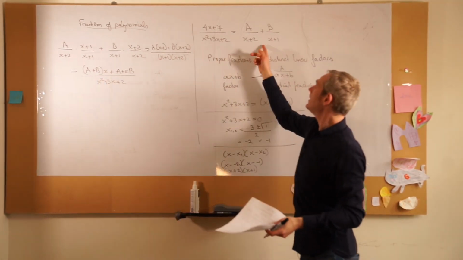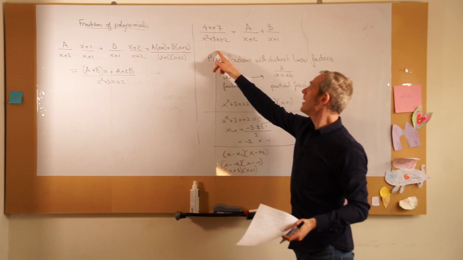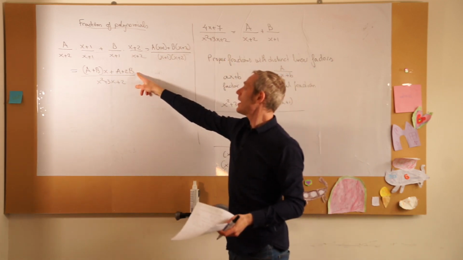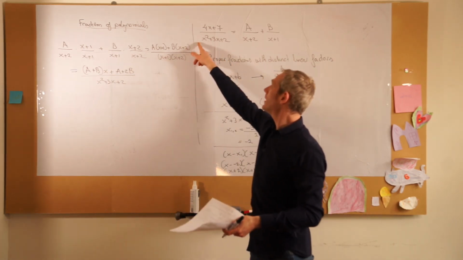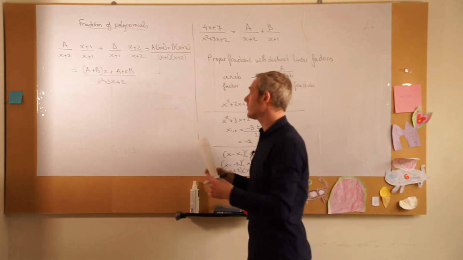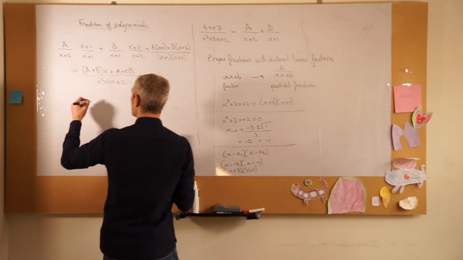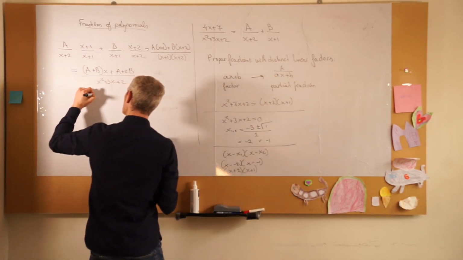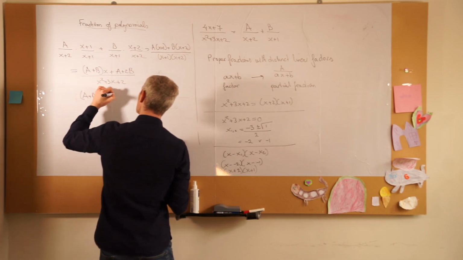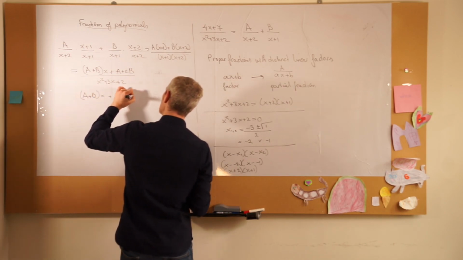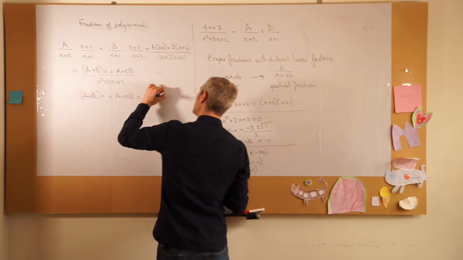And if we know that these two are equal to each other, then this must also be equal to that. And as the denominators are already equal, we now only have to make sure that the numerators are equal. So a plus b times x plus a plus 2b is equal to 4x plus 7.